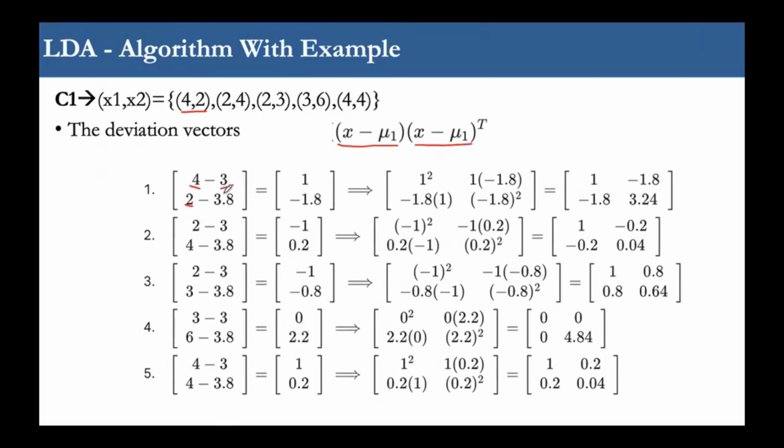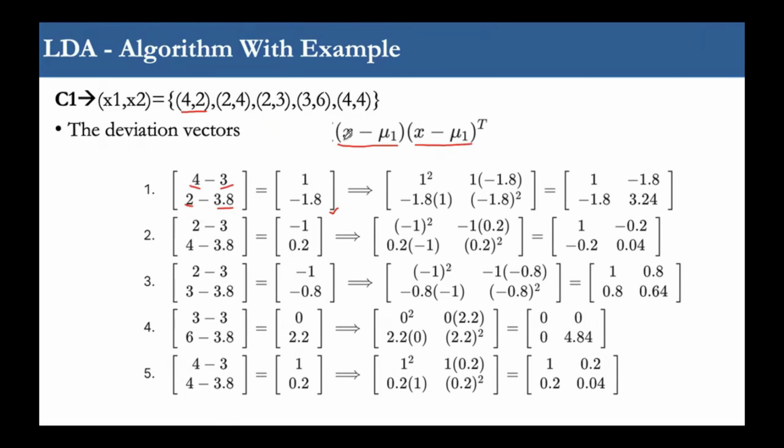Mu1 is 3 and 3.8. So we subtract: x is 4 and 2, mu1 is 3 and 3.8, so it is 4 minus 3, 2 minus 3.8. We will get 1, minus 1.8. This is x minus mu1.